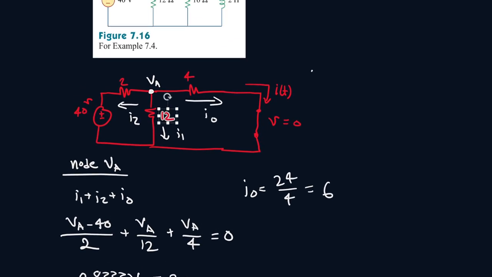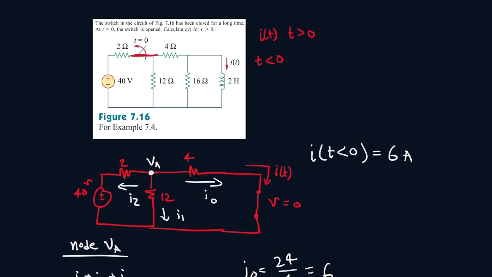And so for I, when t is less than 0, it's going to be 6 amps. Now when t is equal to 0, we flip the switch, but the current passing through this inductor can't just change instantaneously.